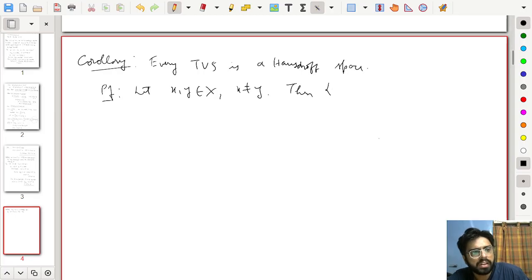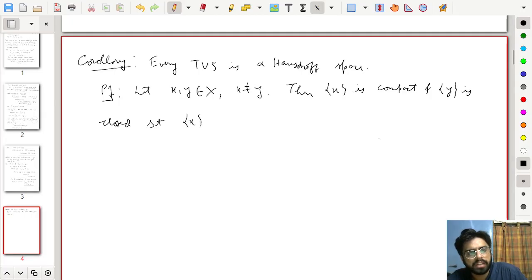Then singleton x is compact and singleton y is closed, such that singleton x intersected with singleton y is empty. It's empty because x is not equal to y, right?